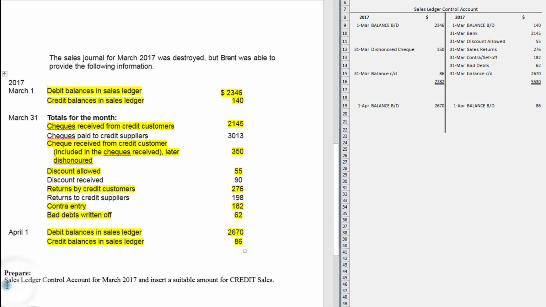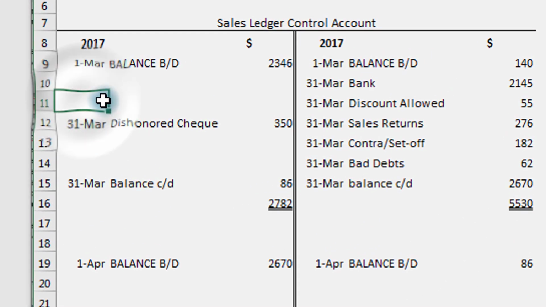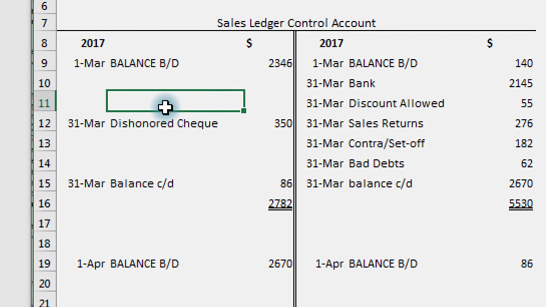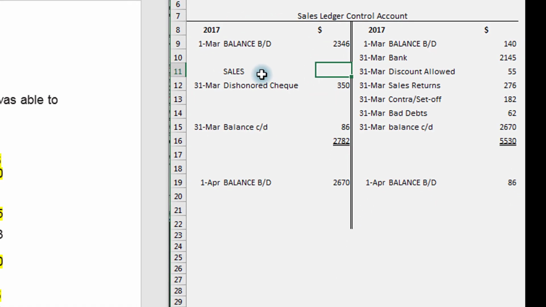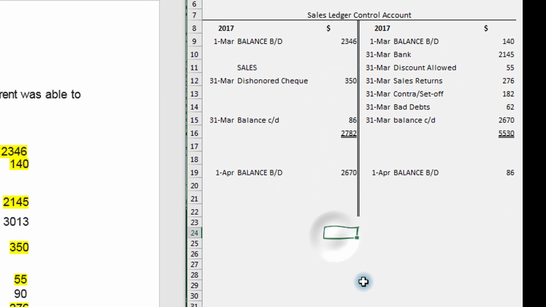Remember, initially the question told us to prepare the sales ledger control account for March 2017 and insert a suitable amount for credit sales. So we're going to insert that figure for credit sales, and find out what amount was needed to make both sides equal.